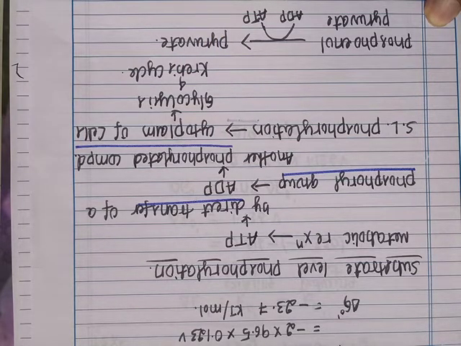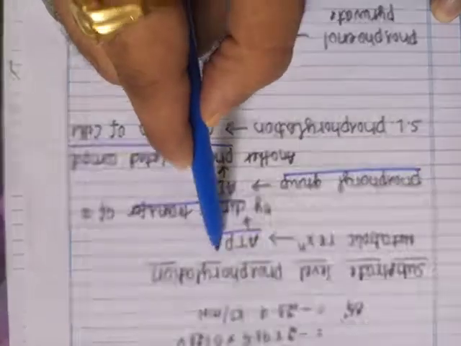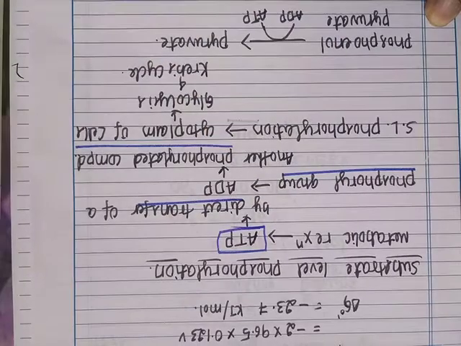So it involves the direct transfer of a phosphoryl group to the ADP that finally results in the formation of the ATP molecule.